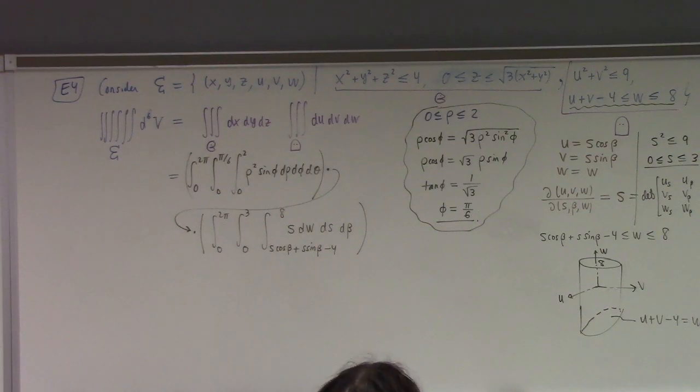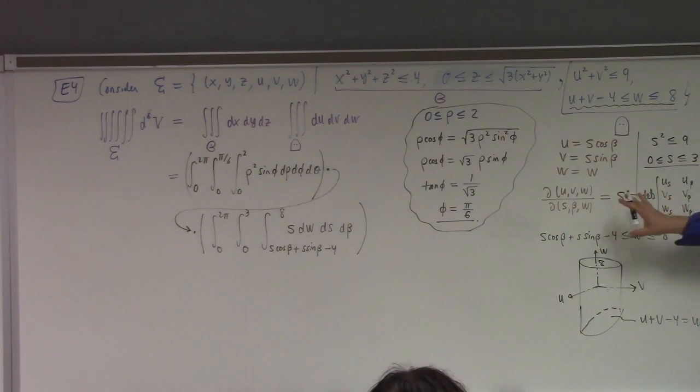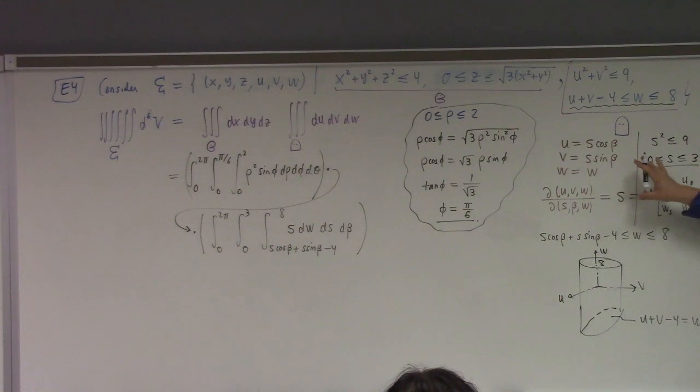I'm introducing non-standard cylindrical coordinates on the UVW space. You could use r and theta there, but then I'm in danger of confusing students, because r is equal to the square root of x squared plus y squared, and x is equal to r cosine theta, y is equal to r sine theta. That notation is kind of reserved in here.